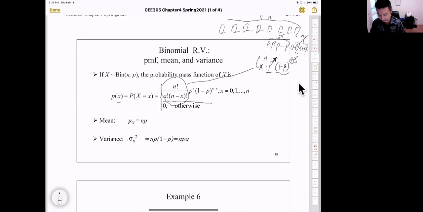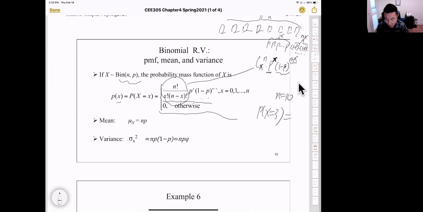Anyway, you don't have to remember all of this, but if an experiment follows a binomial distribution, this is the probability mass function. For example, if we want to calculate P(X = 3) and n is equal to 10, you just plug n equal to 10 and x equal to 3 into this equation, and you can easily calculate P(X = 3).